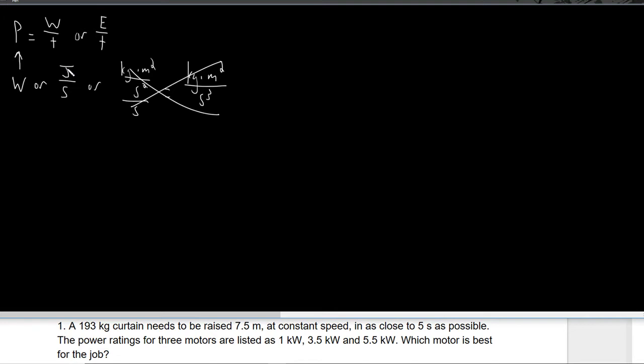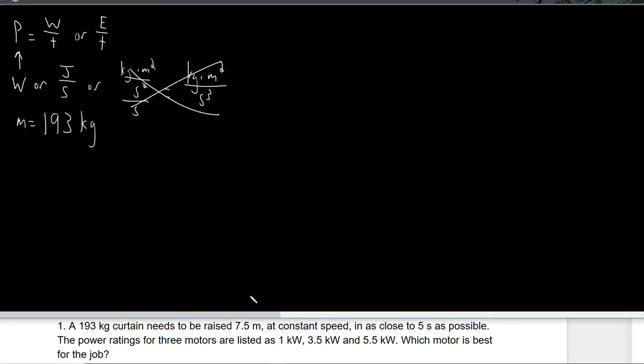All right, so I think the best way to go about this one is to just jump into the practice problem I have there at the bottom. I have a 193 kilogram curtain. And let's even do this the formalized way where I'm just going to list out what we have. I know kilograms is a measure of mass, so mass is 193 kilograms.